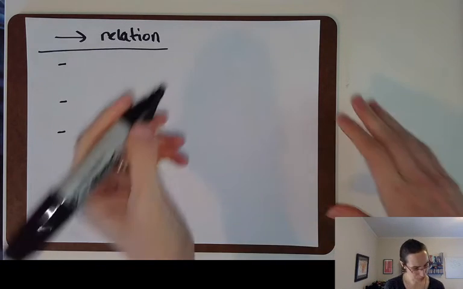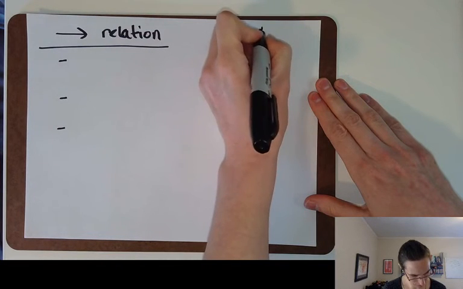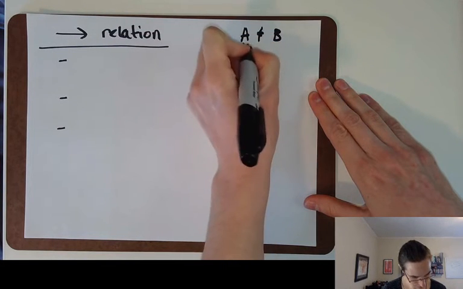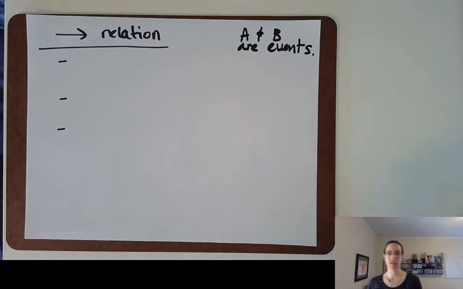Yeah, so A and B are actually events. So we don't say A receives a message from B. We talk about processes receiving messages from each other. But we're going to say A and B are events. But you're on the right track.